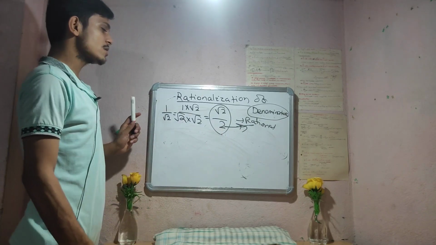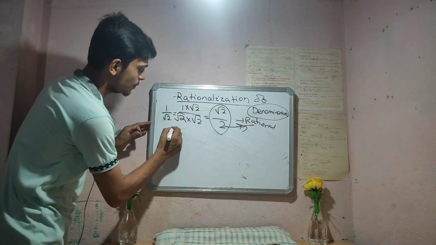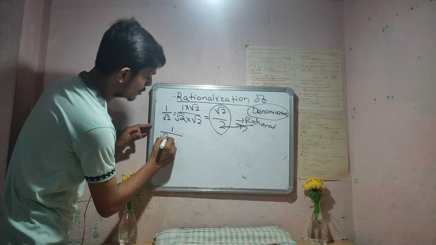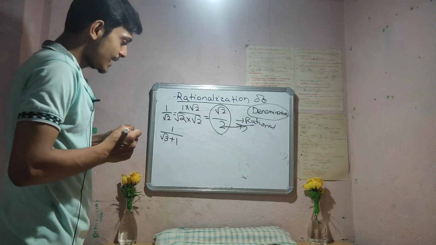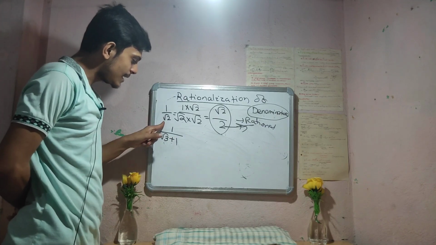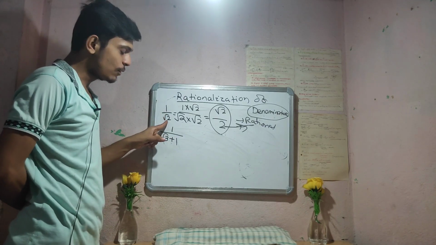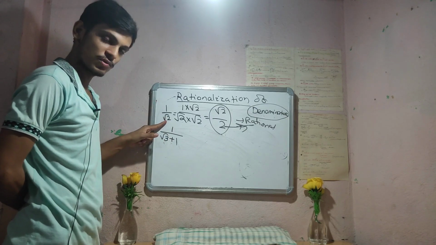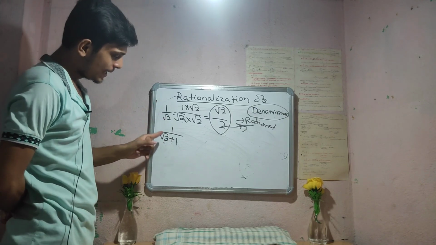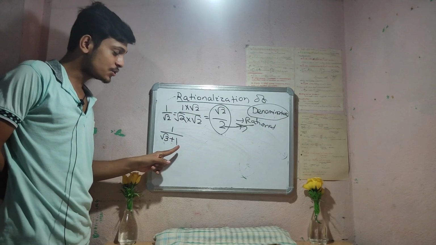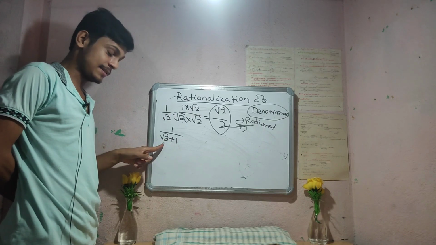Then suppose another example is given: 1 upon the square root of 3 plus 1. Here the denominator has two terms, whereas 1 upon the square root of 2 had only one term. One term is rational, another is irrational.